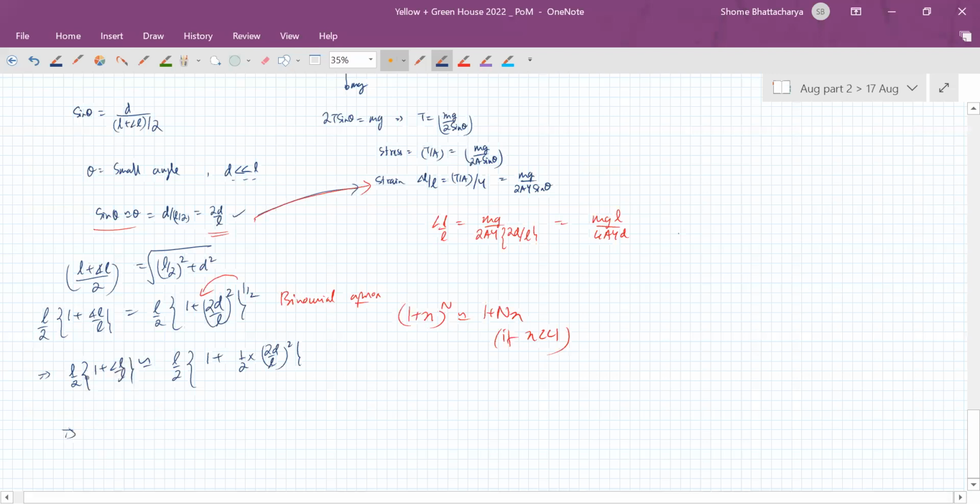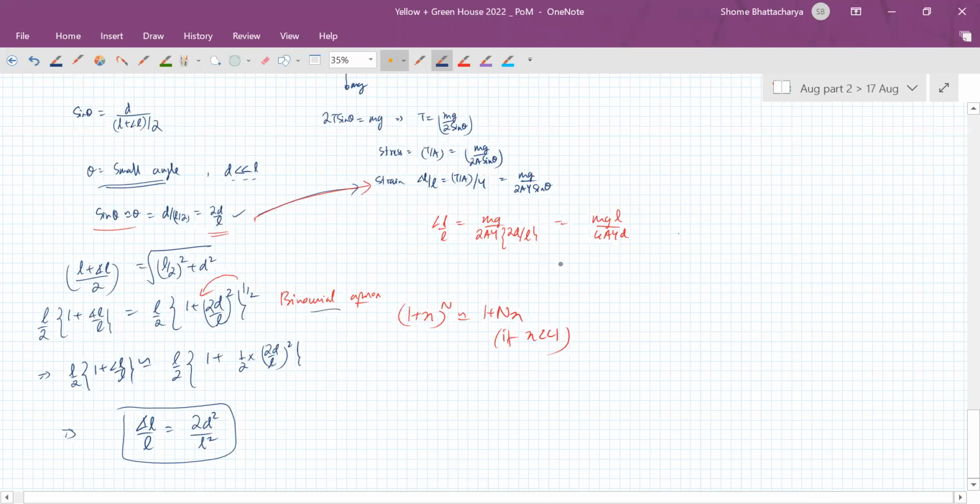So now you can see the cancelling of the L by 2's and then the 1, I can say delta L by L is equal to 2d square by L square. This is the other approximation. One is I'm approximating sine theta from small angle approximation, so it's becoming this. And the other is I'm using binomial approximation to get this.